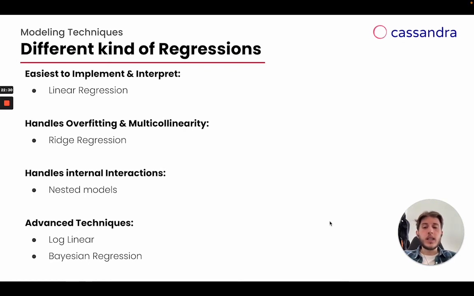So the first thing is log linear. And the main difference here is that instead of a regression model, which is basically an additive model, where we have our beta coefficients, we multiply them by our x's, and then we add everything up and we get our revenue, log linear works in a multiplicative way. So all the parts of our equation are basically multiplied together.